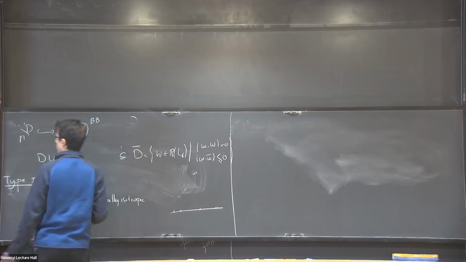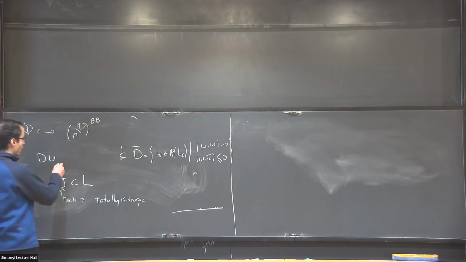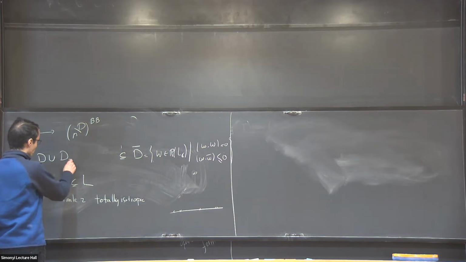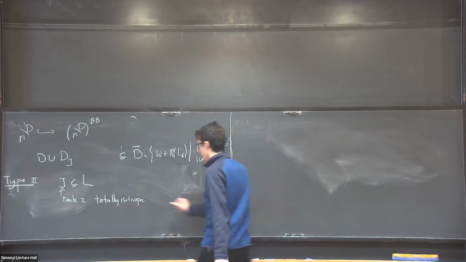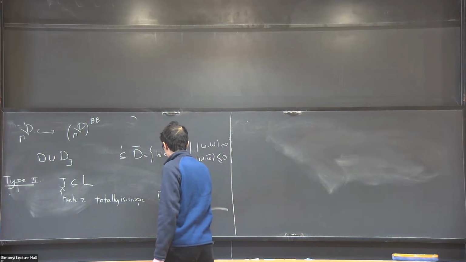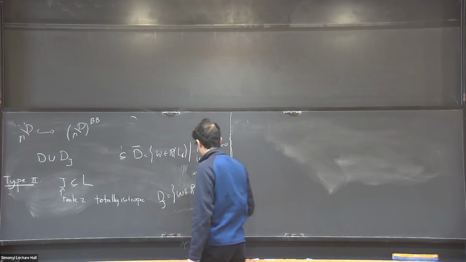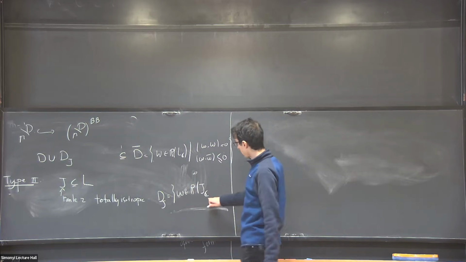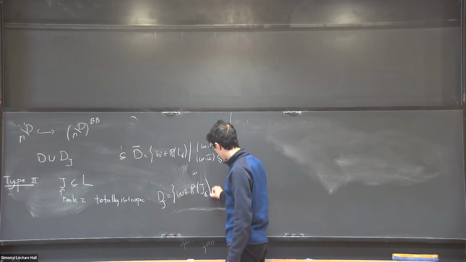It may or may not exist, but for a quadratic form having signature n comma 2, 2 is the maximal dimension of a possible totally isotropic subspace. Now for each L like this, I will have a boundary component D_L, and D_L is just the lines that are contained in this totally isotropic lattice.